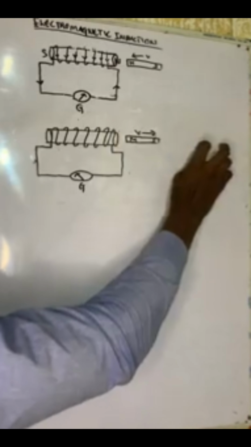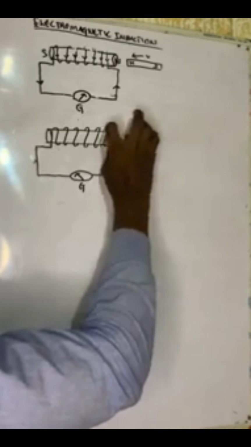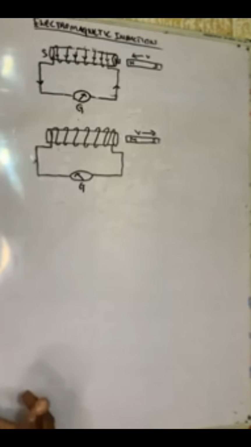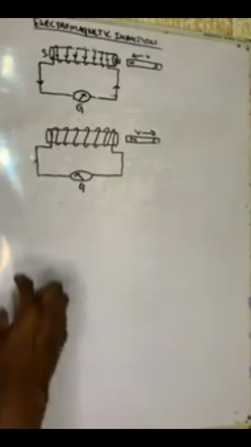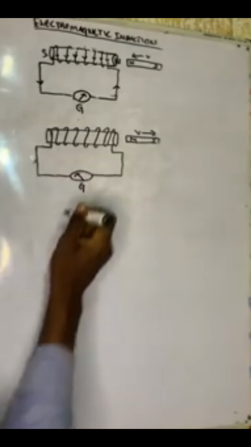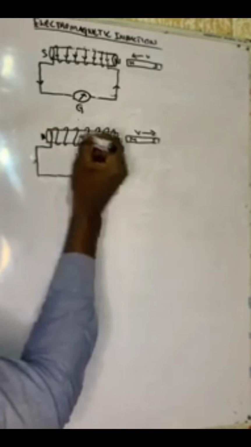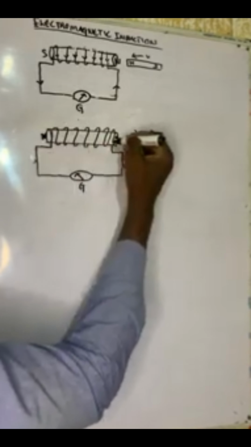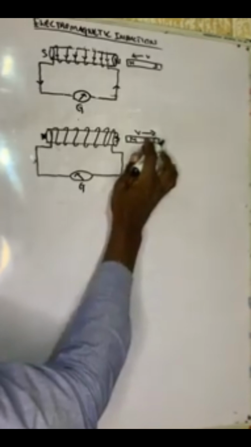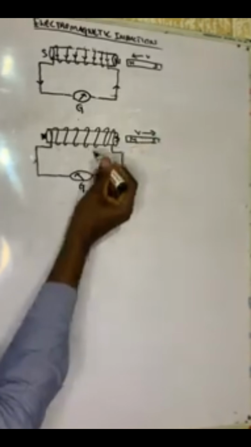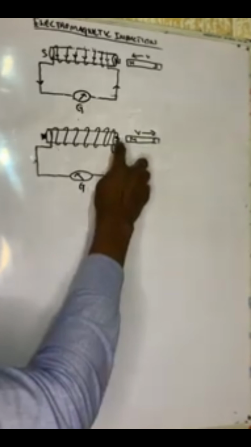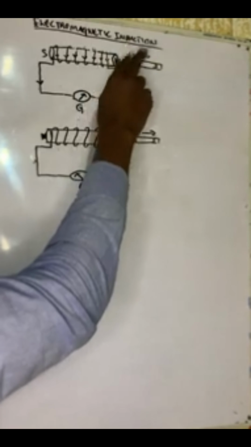Why? This is because when you drag the bar magnet away from the solenoid, some magnetic flux has been drawn from it, and for this reason this side would have to assume some sort of magnetic field, a south pole and a north pole, so that the magnetic field that has been drawn away by the bar magnet would be attracted back by the south pole of the solenoid, because unlike poles attract and like poles repel.